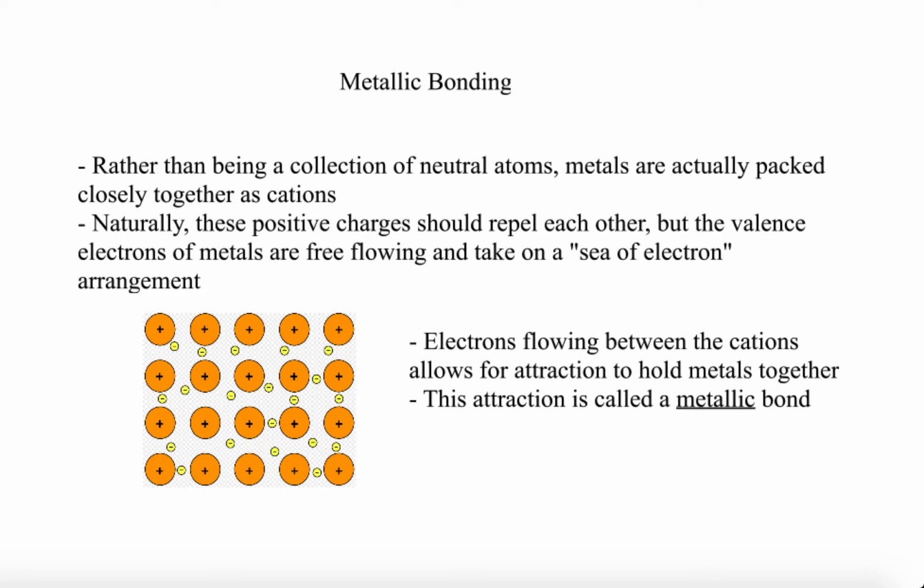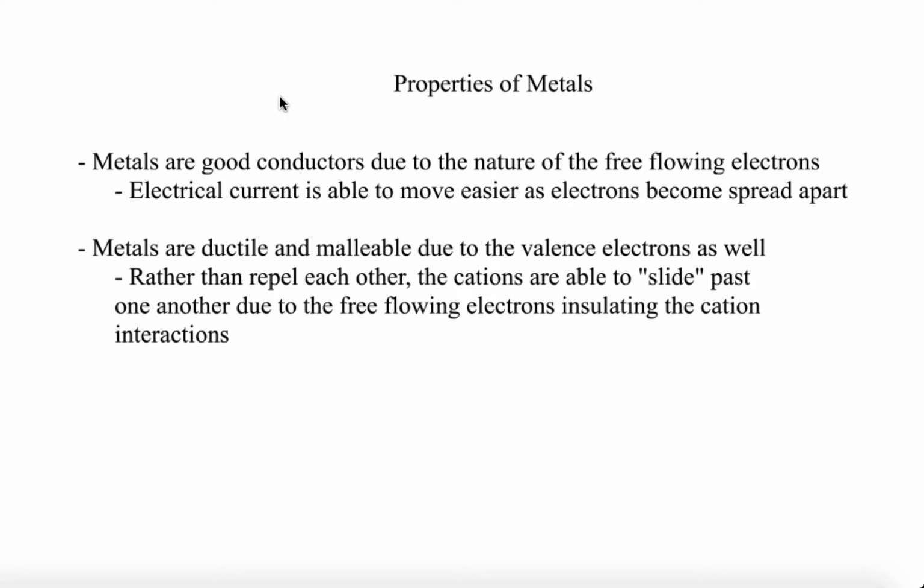We've talked about some properties of metals in the past. For example, they're great conductors and they're very ductile and malleable. The reason why metals are good conductors is that for something to be a good conductor, electrical current has to be able to move pretty freely through it. These electrons are free flowing, meaning that there's a lot of space between them, but not so much space that they're too far apart.